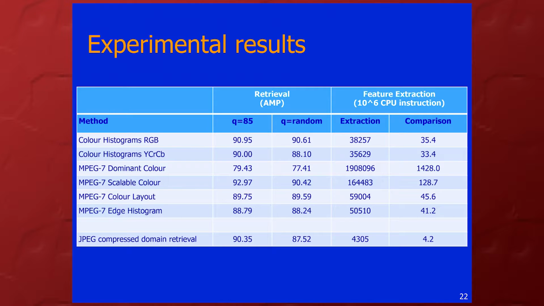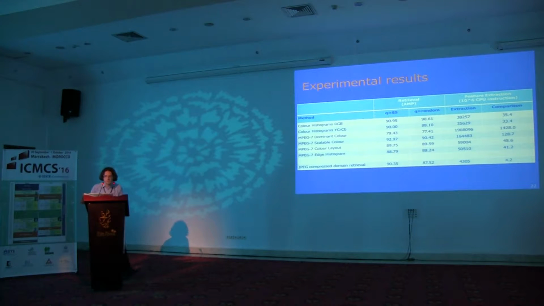Results are presented in terms of average match percentile, a number from 0 to 100, where 50 is as good as guessing and 100 is perfect, so the higher the better. Here's what we're getting from our technique in the JPEG compressed domain, and here a couple of very well-known benchmark image retrieval techniques, some of those MPEG-7 techniques commonly employed in various systems. We can see that we get very similar retrieval performance.